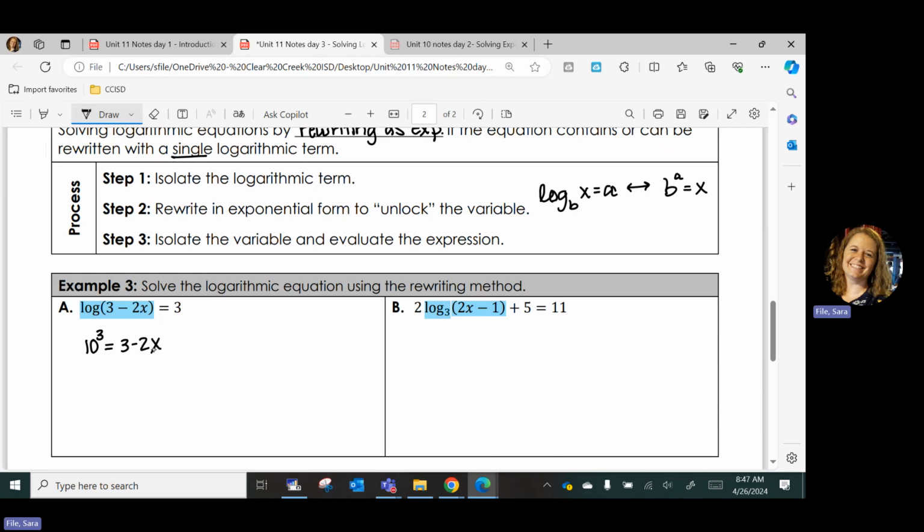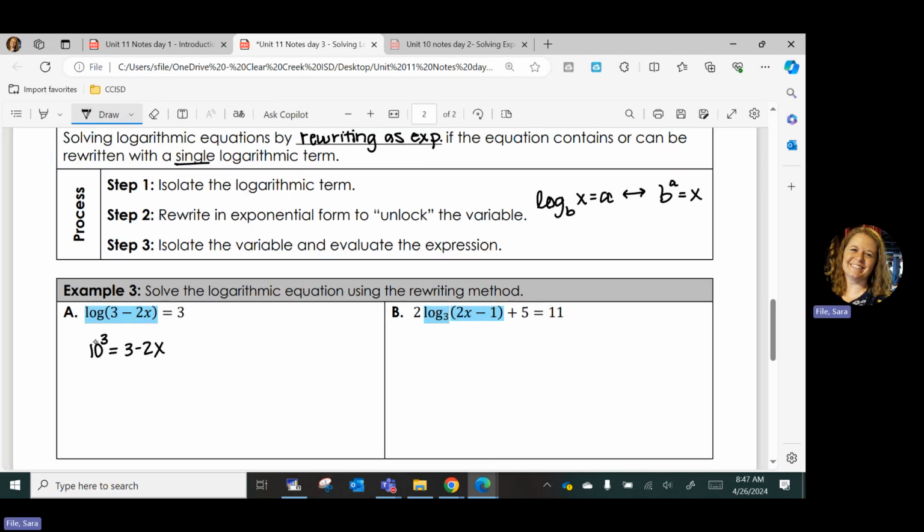So now I don't have a log, and I can solve for x. What is 10 cubed? 10 times 10 times 10. 1,000. 10 times 10 is 100, times another 10 is 1,000.